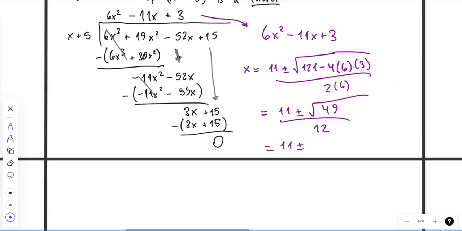It's 11 plus or minus 7 over 12, which is either 18 over 12, which is just 1.5, or 4 over 12, which is 1/3. So it's either 3/2 or 1/3, assuming that I did the math correctly.